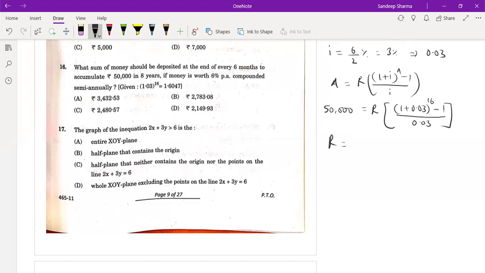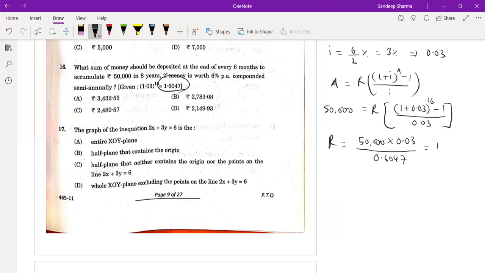So R will be what? 50,000 multiplied by 0.03 divided by 1.03 raised to the power 16 minus 1. So the value is given here. So minus 1, if you do it, it is 0.6047.